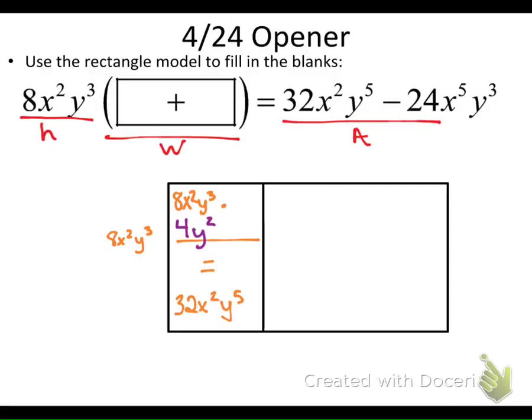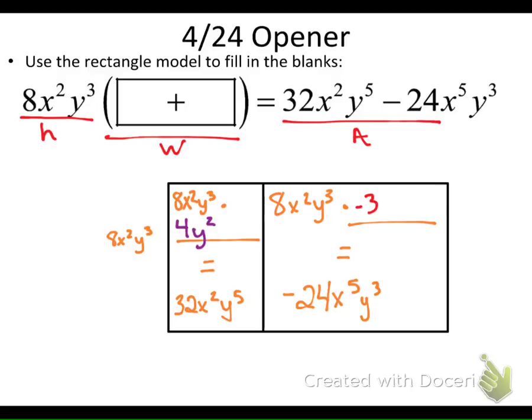Now let's go ahead and plug in the numbers for my second rectangle. I have 8x squared y cubed times blank equals negative 24x to the 5th y cubed. Negative 3. Thank you.